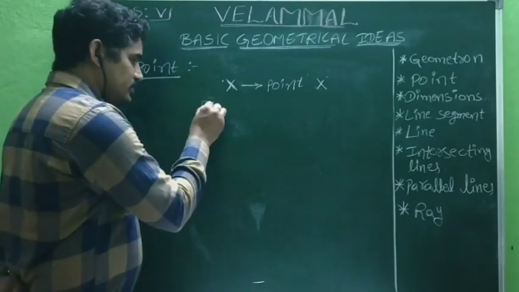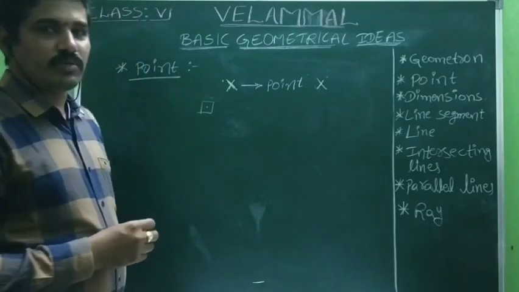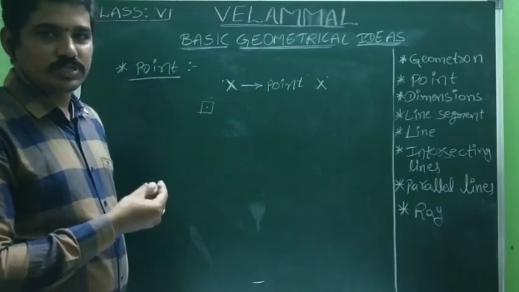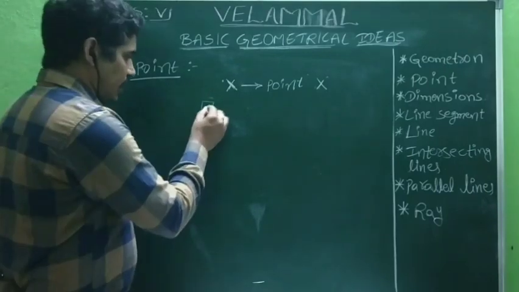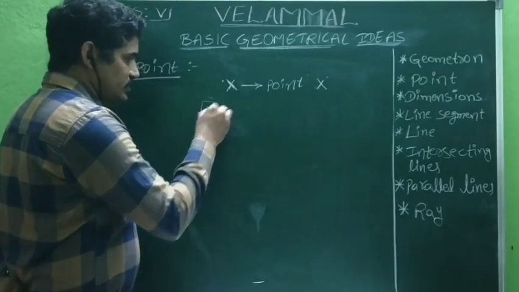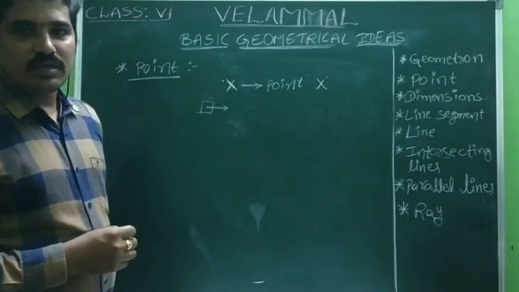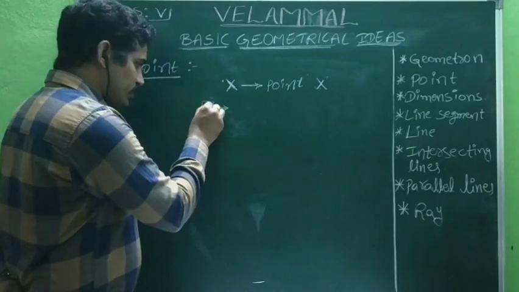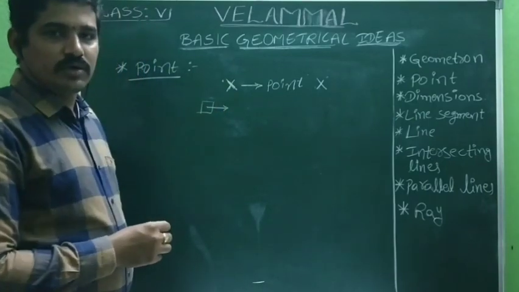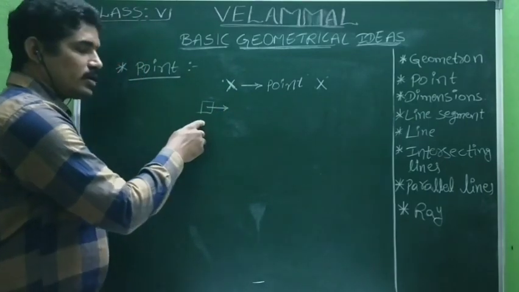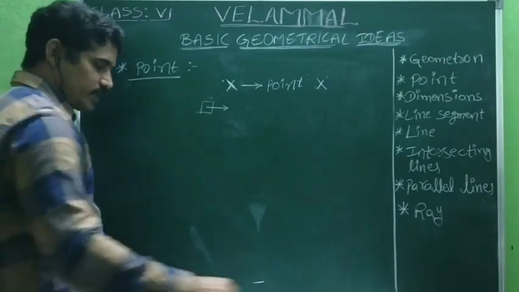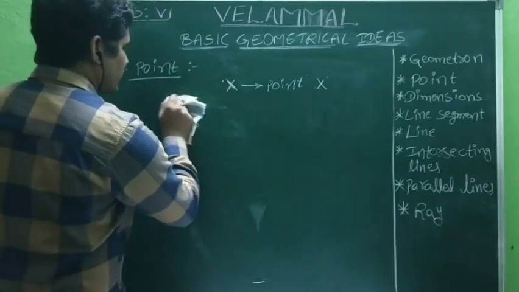But whenever we are able to see something, there must be some dimension. The exact definition is that a point doesn't have any breadth, length or thickness, but for representation purposes only we use this small dot. So the dimensions are almost nil. There is no dimension for a point.